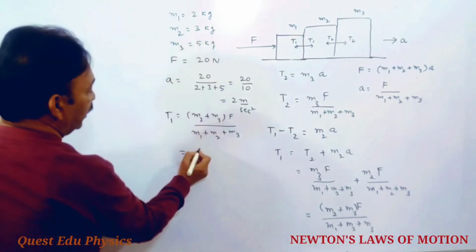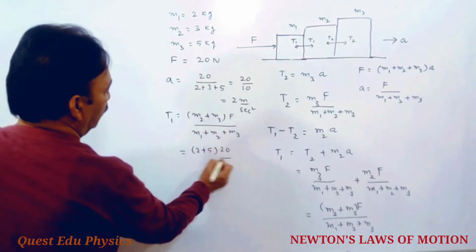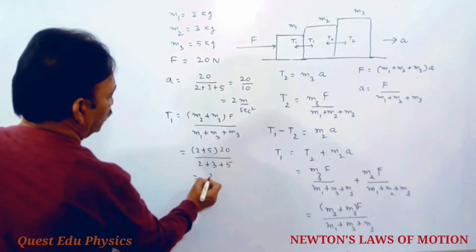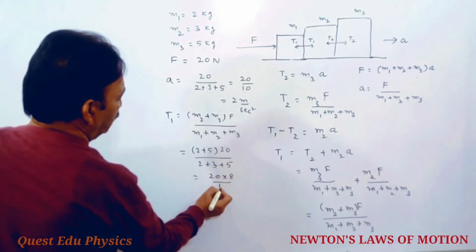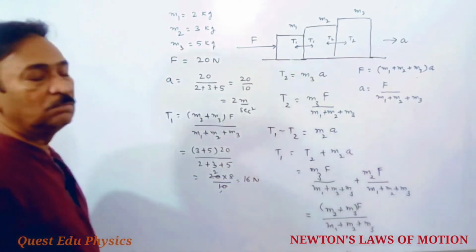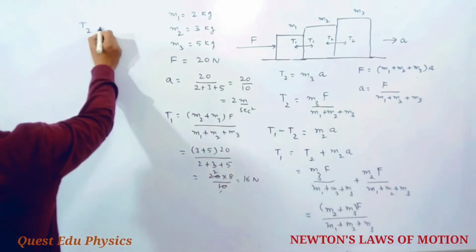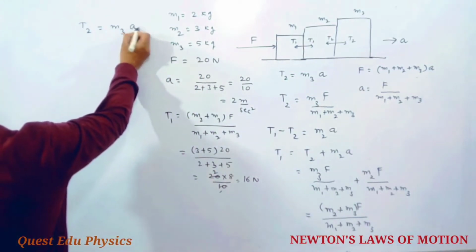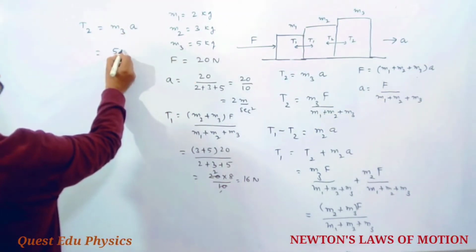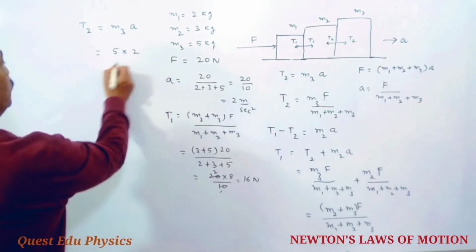Okay, 3 plus 5 into 20 by 2 plus 3 plus 5, it is 20 into 8 by 10, which is 16 Newton, and we have to find out the T2. T2 can be had easily. It is equal to m3 into A. It's a smart thing. m3 you gave 5, and acceleration we got 2.